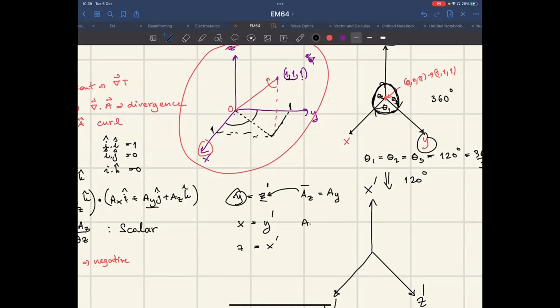And ay here equals ax here, and ax prime equals az. Any questions here? Do you agree with what I wrote here?